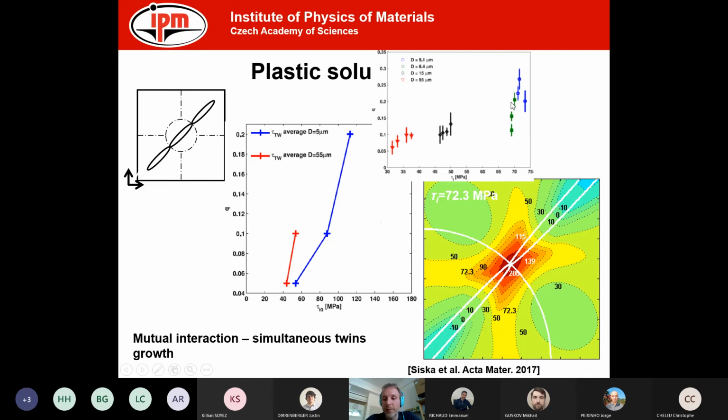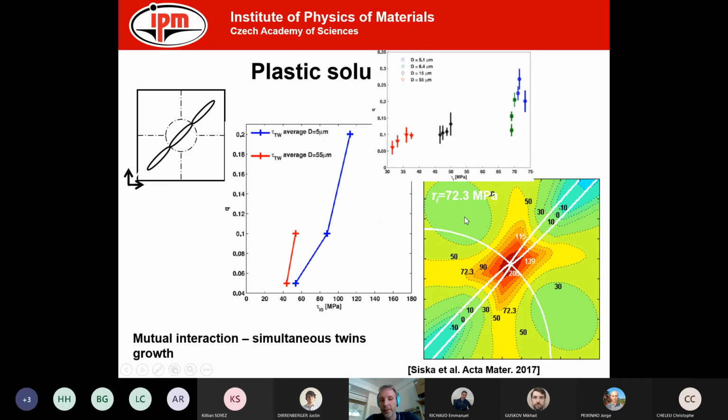And comparing to the experimental results, we are now much closer. So here again, 73 megapascals. Here we are 210. So it's still higher, but closer to the real values.